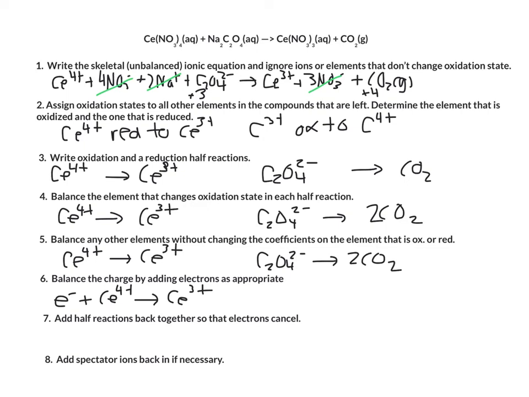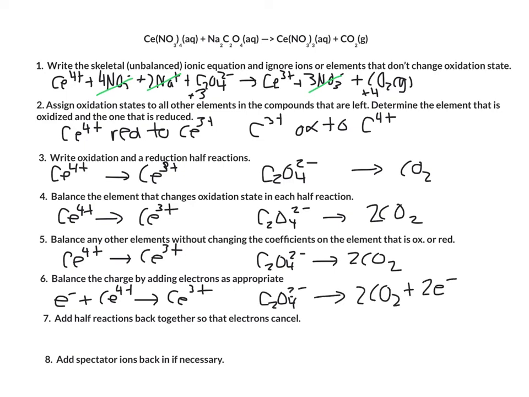And for the oxidation half reaction, I've got an extra 2- on the reactant side, so I'm going to need 2 electrons on the product side to balance that charge. So I have C2O4 2- oxalate goes to 2 CO2 plus 2 electrons.